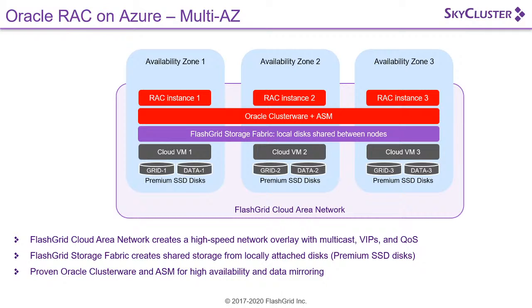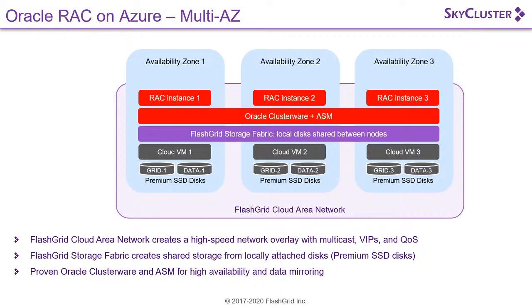Now, there are 2 main software components from FlashGrid that enable this type of solution. The first one is called Cloud Area Network. Cloud Area Network enables some more advanced network capabilities that are required for running RAC, but that are not available natively from Azure.